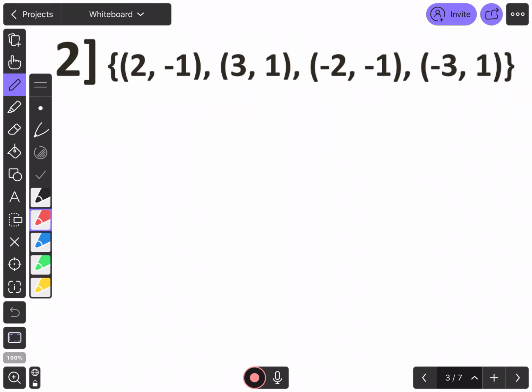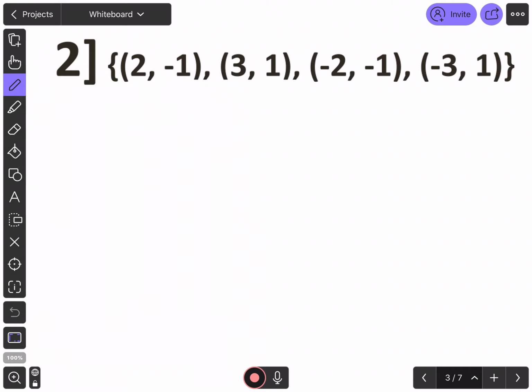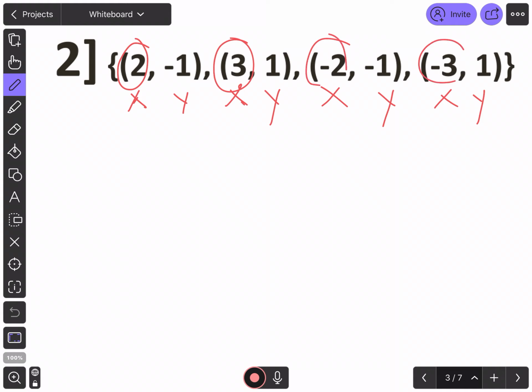Let's look at this next one. This next one, let's look at the x values. We have 2, 3, -2, -3. In this example, the x values do not repeat.